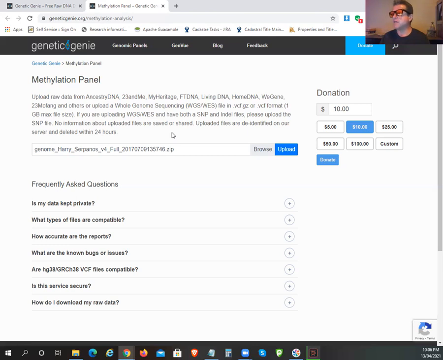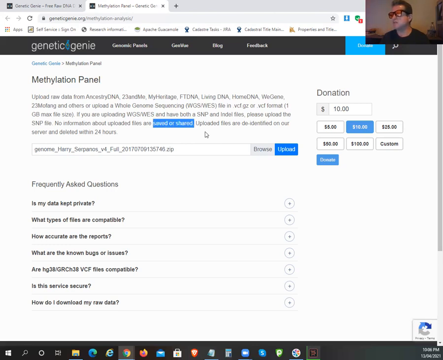If you have uploaded WGS/WES and both the SNP and index file, please upload the SNP file, because that will actually link back to the other file. No information about upload files is saved or shared, so that's a pretty good thing.